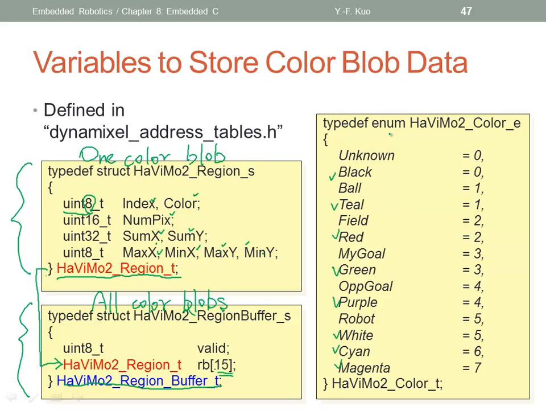So we have to use the enumeration tool to give each color an ID number. Black we give ID number 0, teal is 1, red is 2, green is 3, purple is 4, white is 5, cyan is 6, and magenta is 7. Once we write purple in the C program, the computer can find that it means number 4.